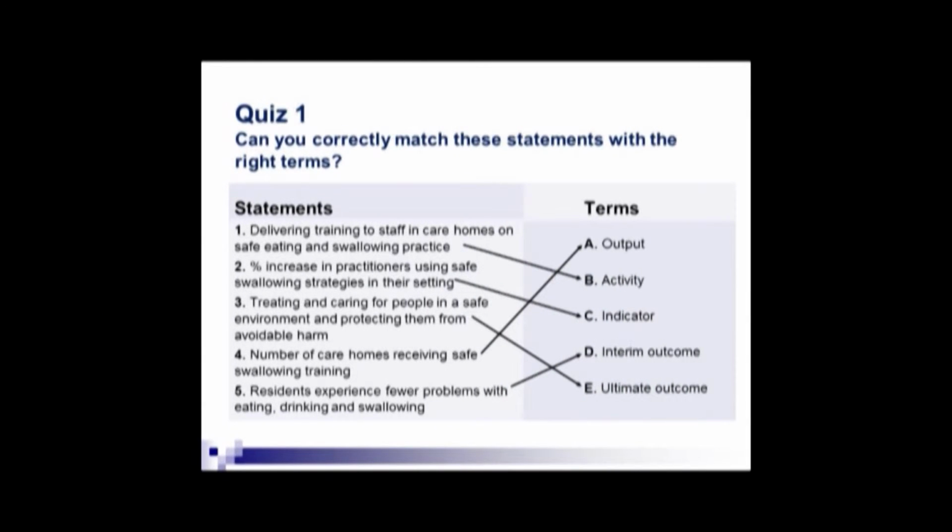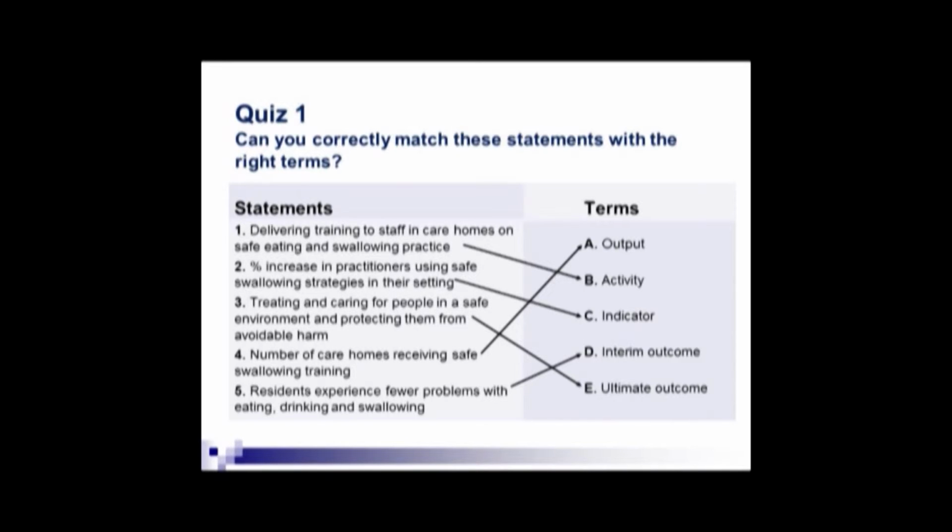Delivering training to staff in care homes on safe eating and swallowing practice is an activity. A percentage increase in practitioners using safe swallowing strategies in their setting is an indicator. Treating and caring for people in a safe environment and protecting them from avoidable harm is an ultimate outcome.